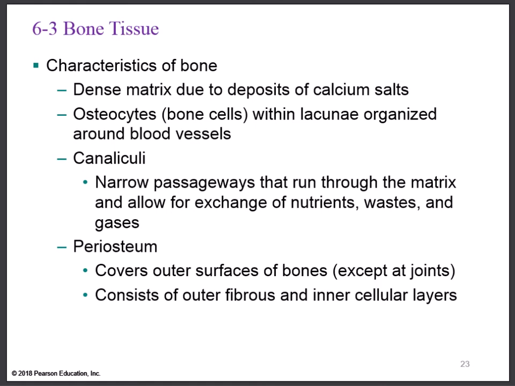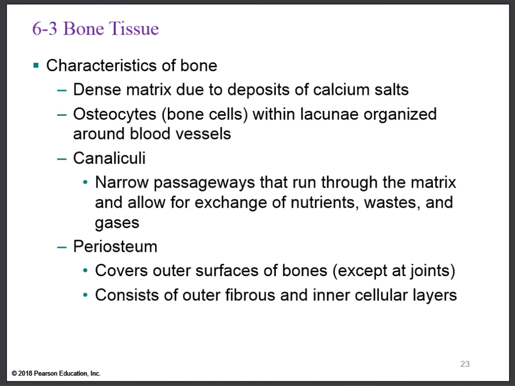Now, you can just call these bone cells also, but we mostly call them osteocytes. These are located in little chambers or little pockets, and these osteocytes are organized around blood vessels. We're going to see that bone is extremely vascular. Bone is a very active, dynamic tissue, so it has a really good blood supply.